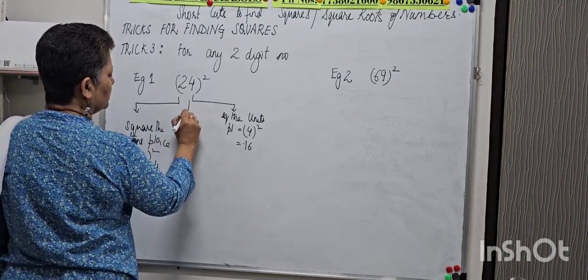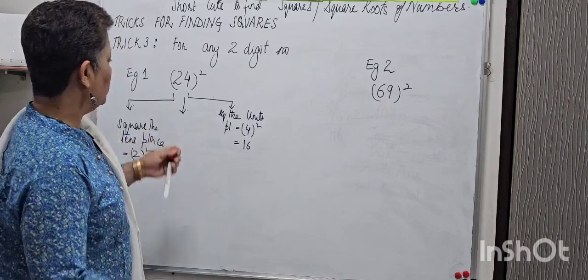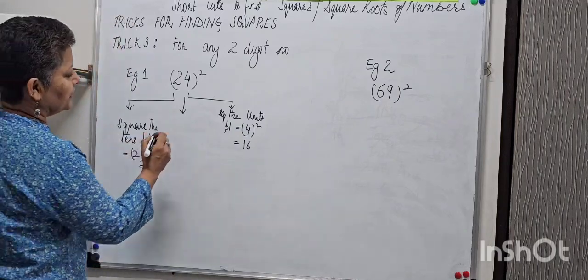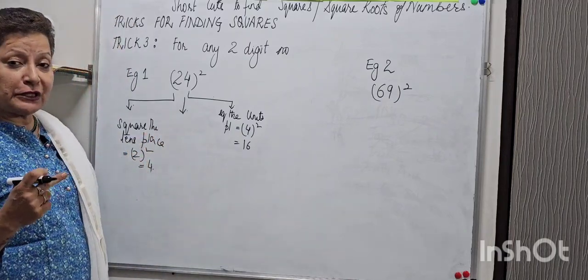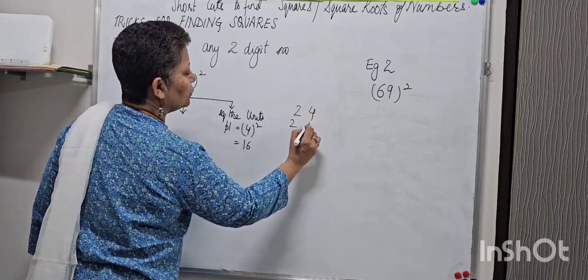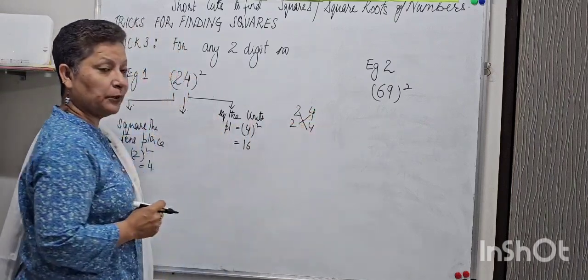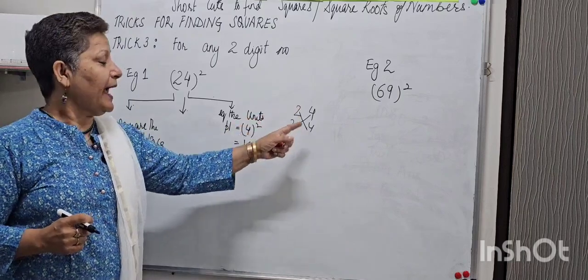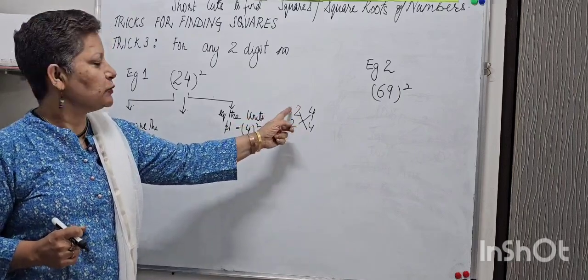Now in the middle, like last time also, what's going to happen is you're going to be taking the cross product. Remember the two digits here are 2, 4, 2, 4. So you're going to be taking the cross product, and you used to be adding that. So it's nothing but 2 times 2 into 4.